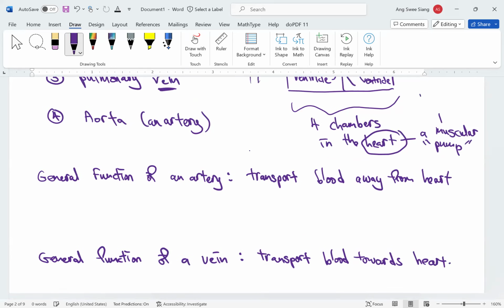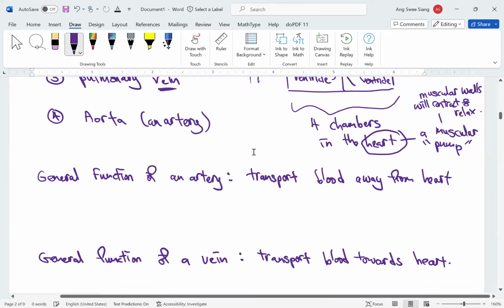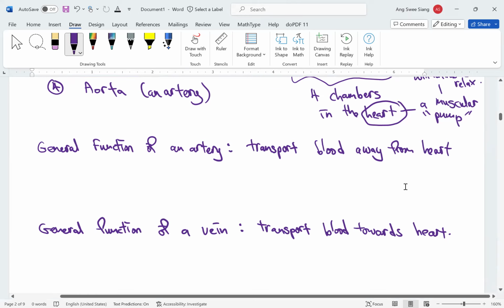The muscular wall will contract and relax. After I told you this, can someone tell me, will there be any difference in the blood that is being transported in the artery and the blood transported in the vein?